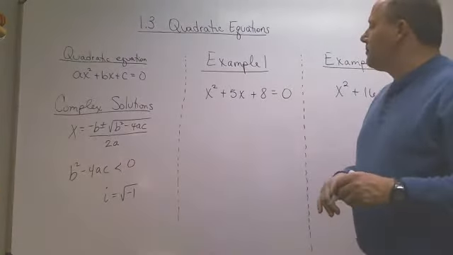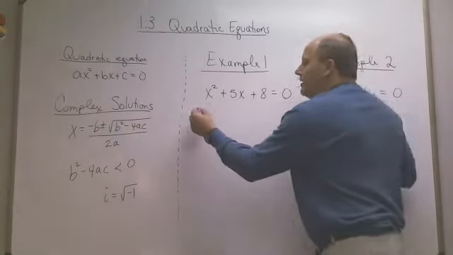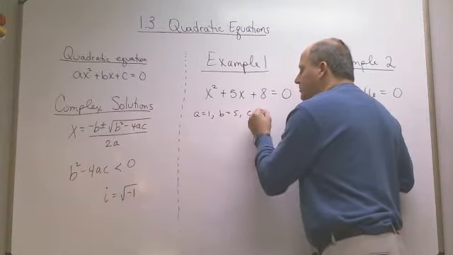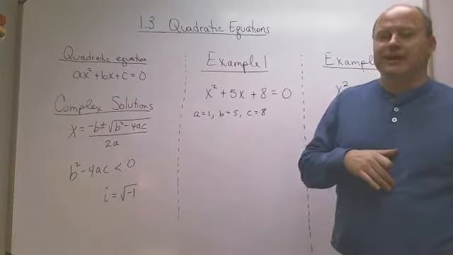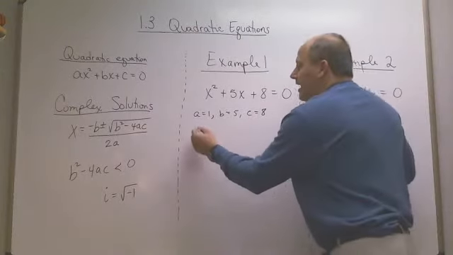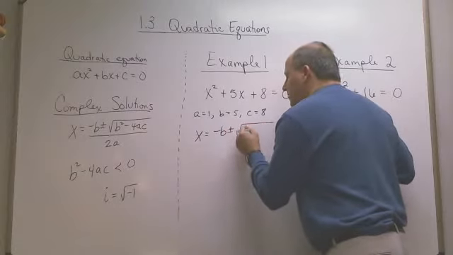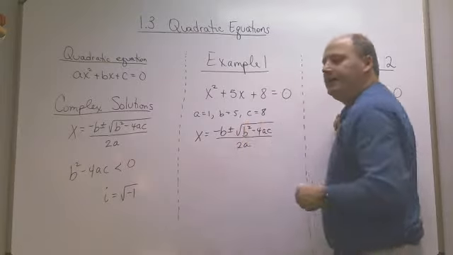So x squared plus 5x plus 8 equals 0. So just like we did back in 1.2, you let a be 1, b be 5, and c be 8. So those numbers stay the same. It's just that when you do the discriminant, it's going to turn out to be a negative number. So x equals the opposite of b plus or minus the square root of b squared minus 4ac, all over 2a.